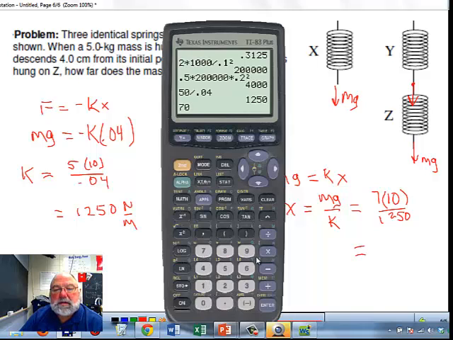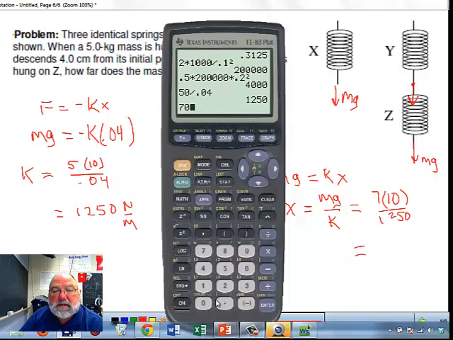And that's equal to 70 divided by 1250. Oop, made a mistake. Okay, well that just didn't work out, so I'm going to clear it and try all over.